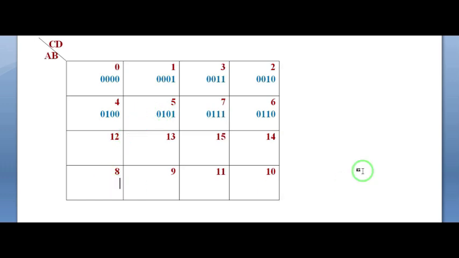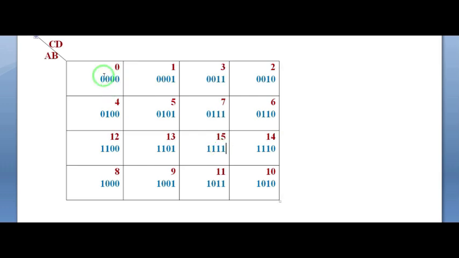Then go for 8, nothing but 1000. 9 you can write as 1001. Then 10 is nothing but 1010. Okay, 11 is 1011. Then you have 12, 1100. Okay, 13 is nothing but 1101. Then 14 is nothing but 1110. So 15 is nothing but all ones. So in this way you have to fill these cells with their corresponding binary equivalent.